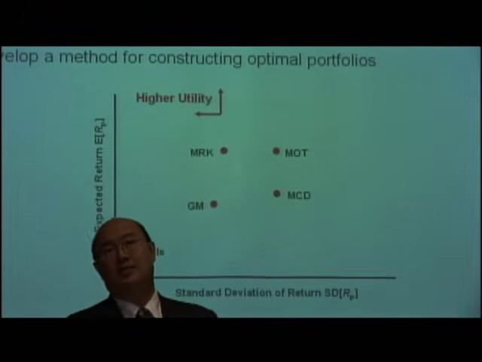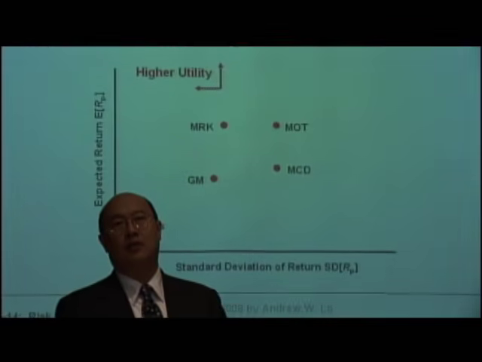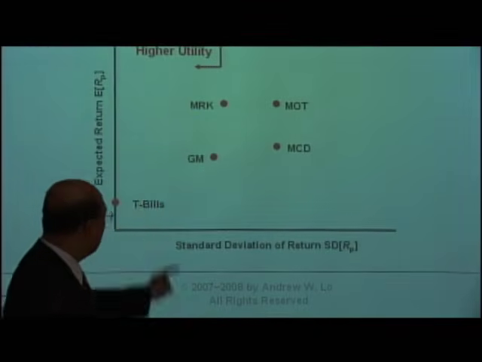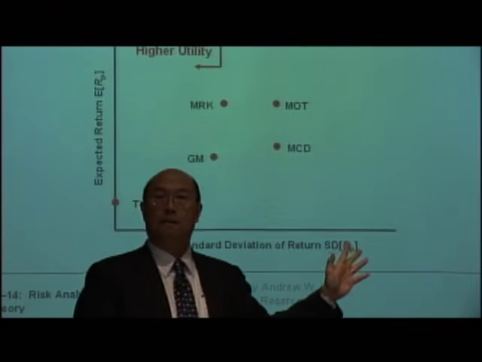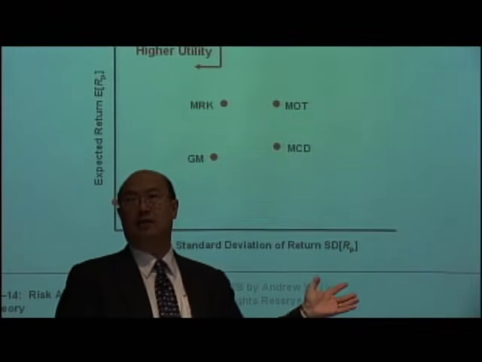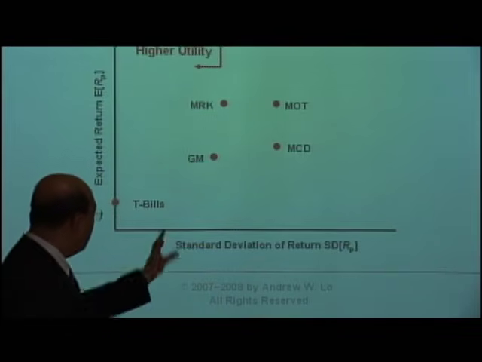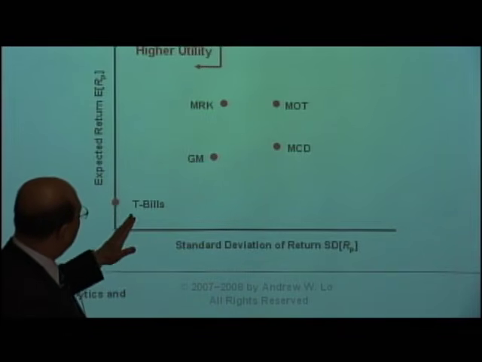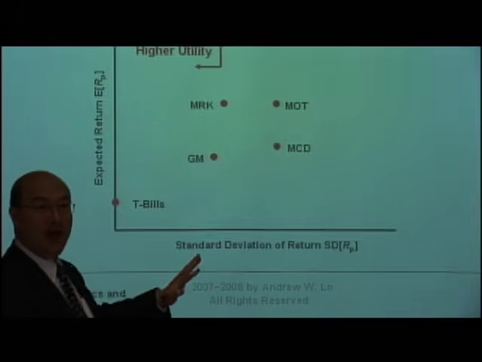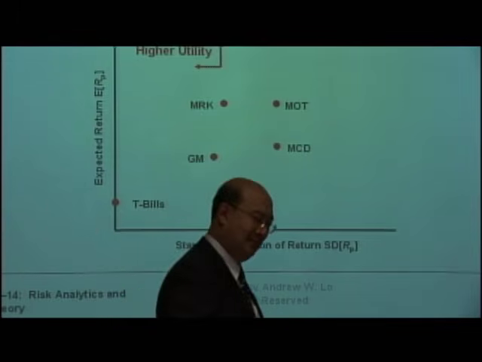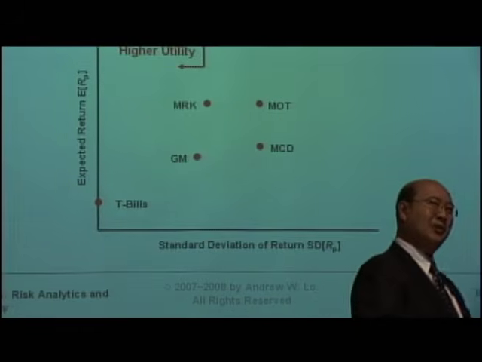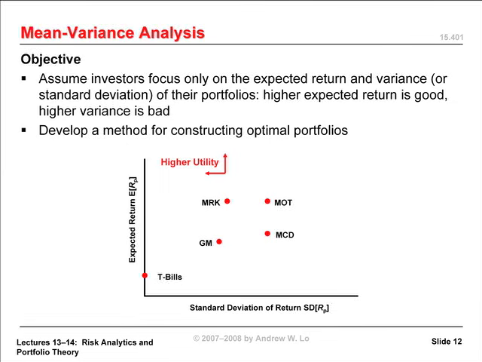This gives you a sense of the different trade-offs there are, right? Clearly, General Motors is lower risk than Motorola, but it's also lower return. And McDonald's is definitely going to be higher risk than Merck, but notice that McDonald's is also lower return than Merck.